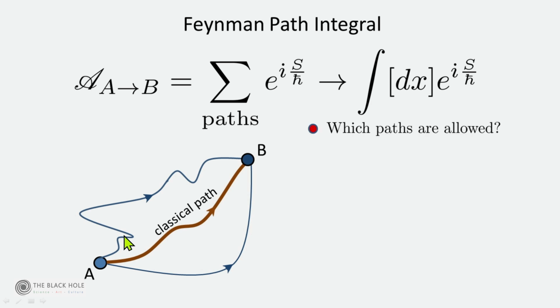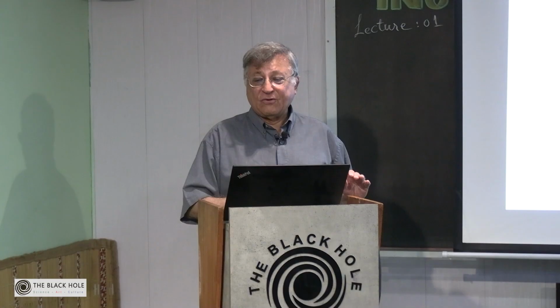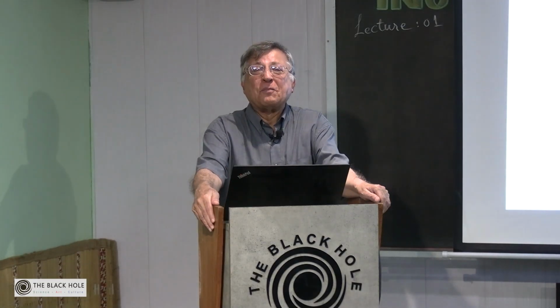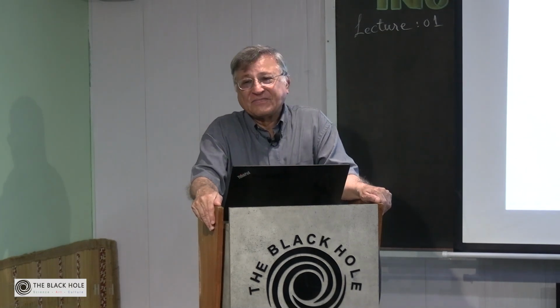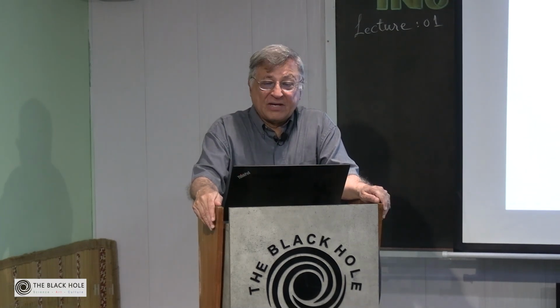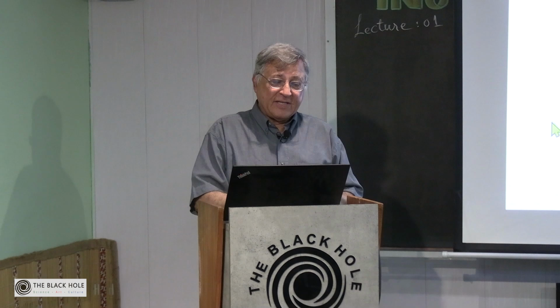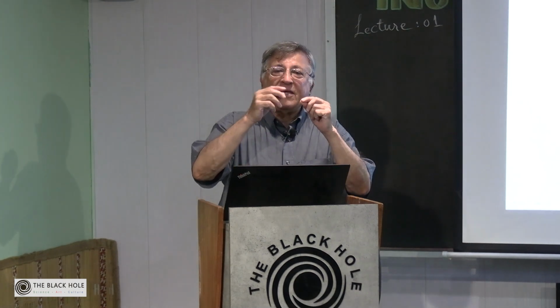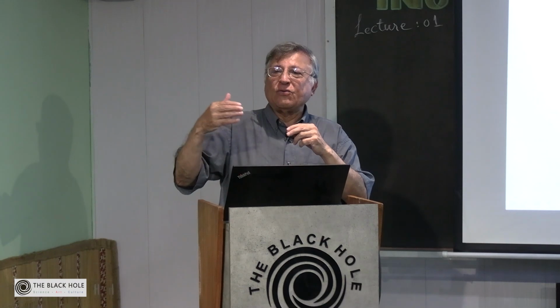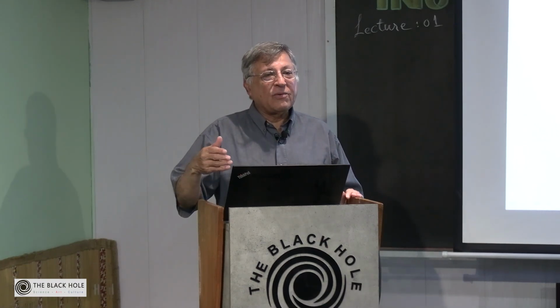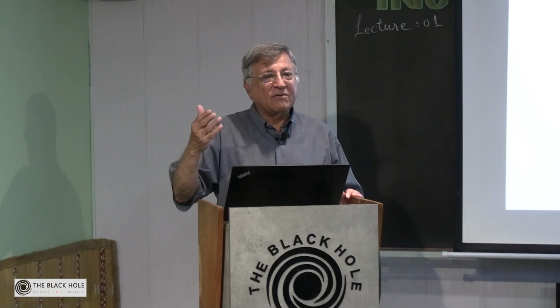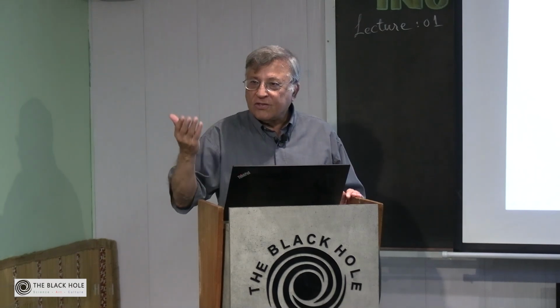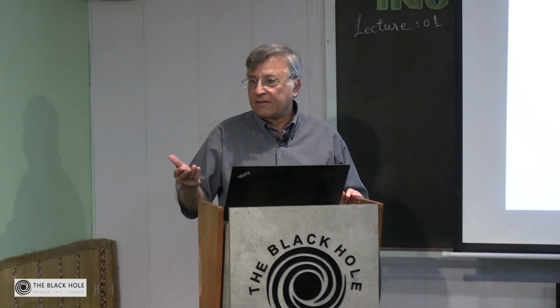And now the question is, which paths are allowed? It could be that an electron, in going from one atom to a neighboring atom, will first go to the moon and come back.